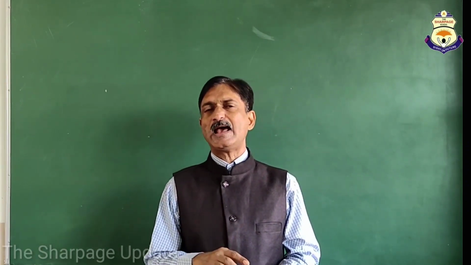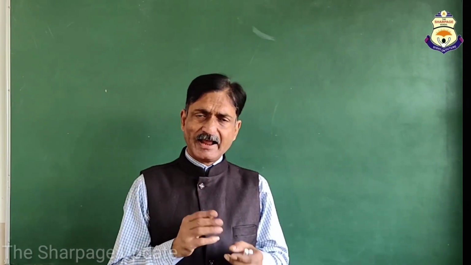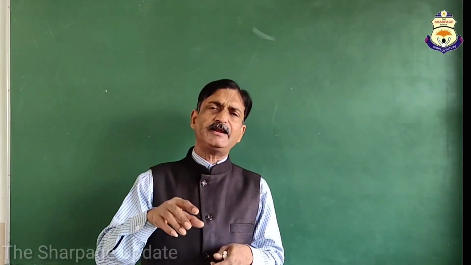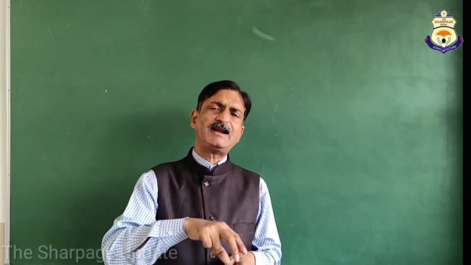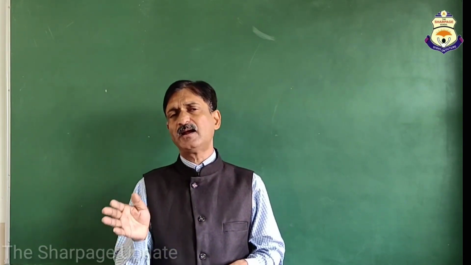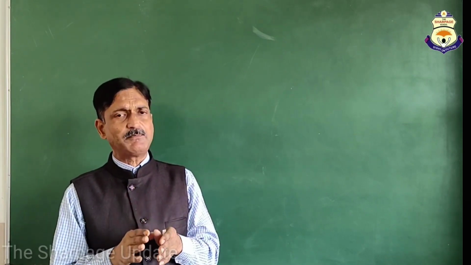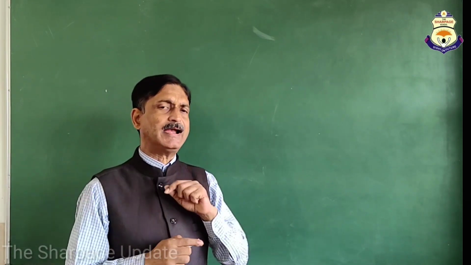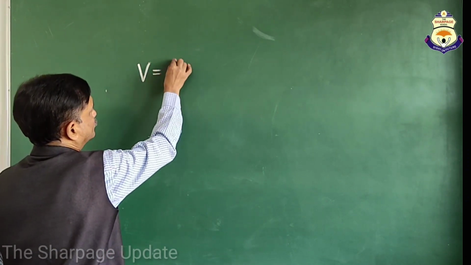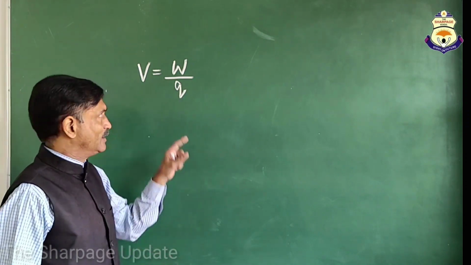It means if charge Q is brought from infinity to a point inside an electric field and the total amount of work done in bringing the test charge to that point is represented by W, then we can write electrical potential V equal to W upon Q.